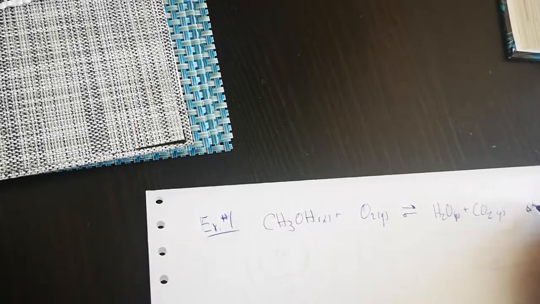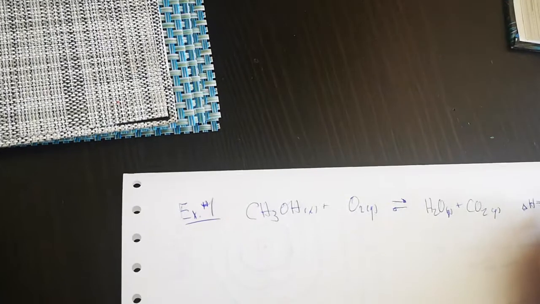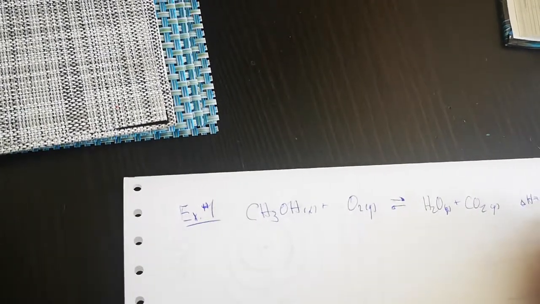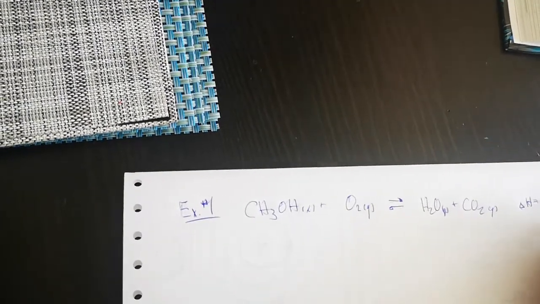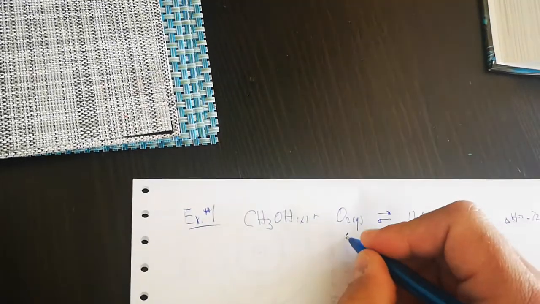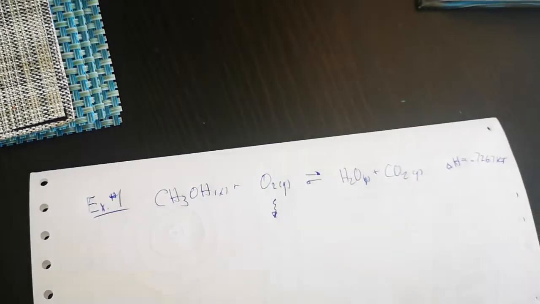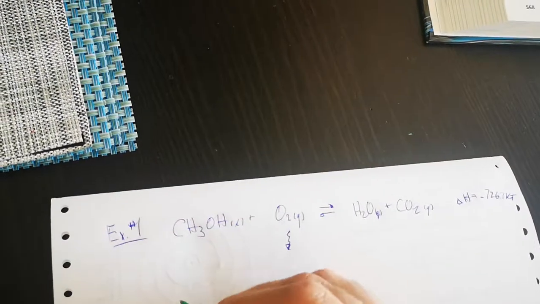Now, we were told that heat was released. That's an exothermic reaction. So delta H is negative 726.7 kilojoules. There you go. For a thermochemical equation, we would include the heat in the equation.